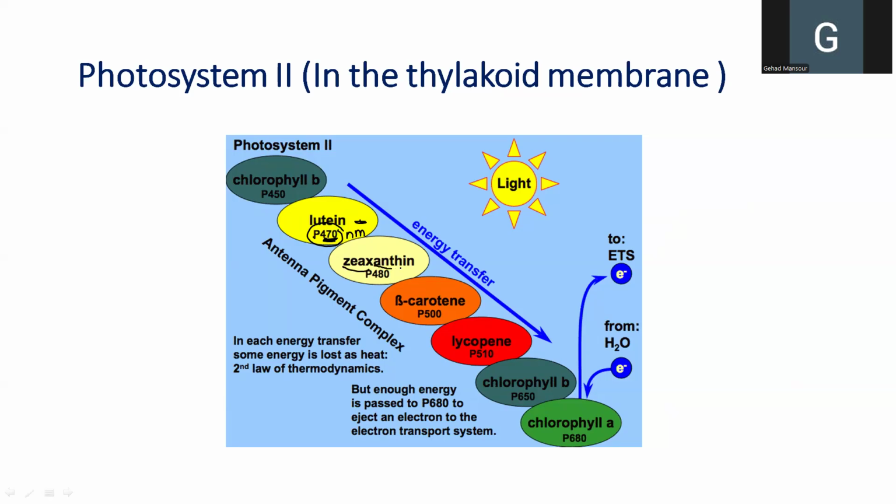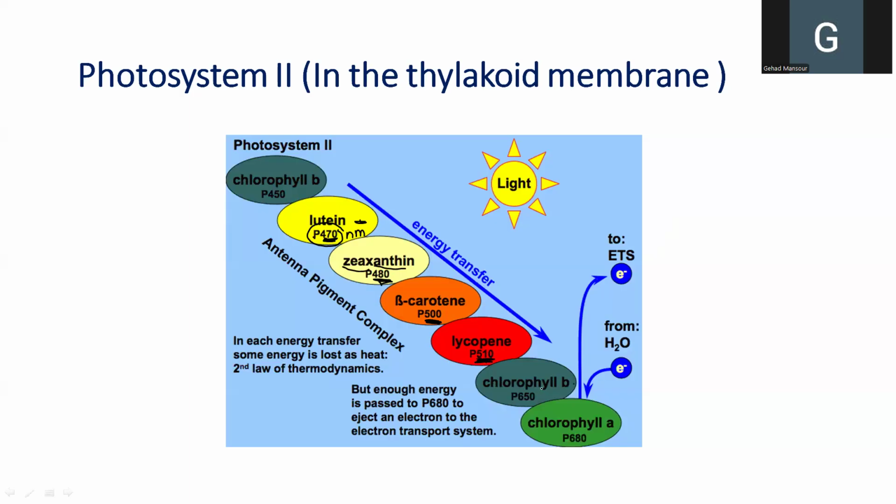And then we have zeaxanthin, and the wavelength that is absorbed maximally by zeaxanthin is 480 nanometers. In case of the orange beta carotene, it absorbs maximally at a wavelength of 500 nanometers, whereas the other orange pigment lycopene absorbs maximally at 510 nanometers.